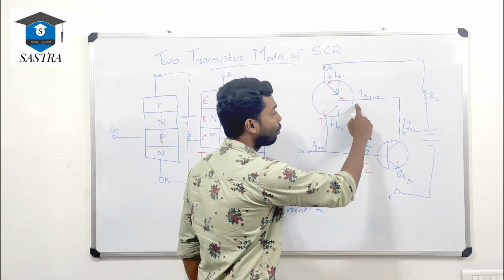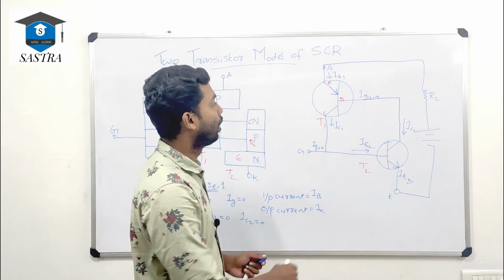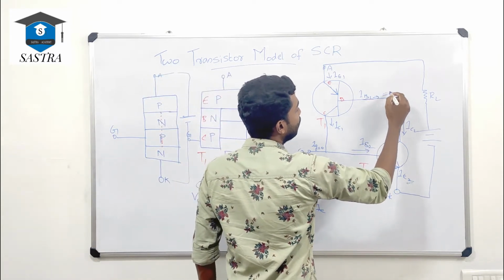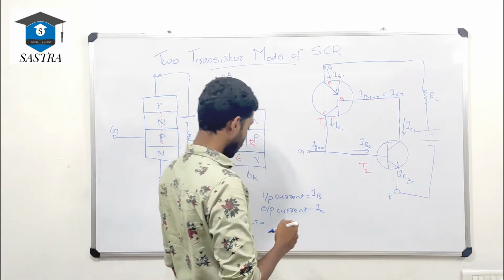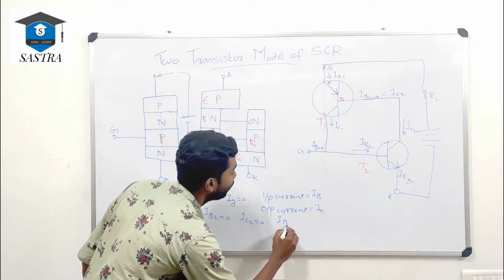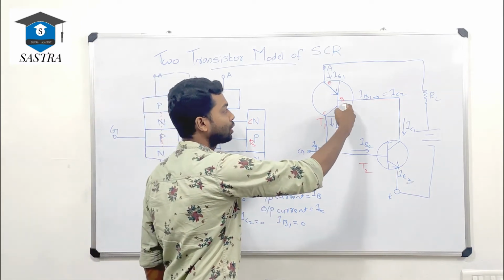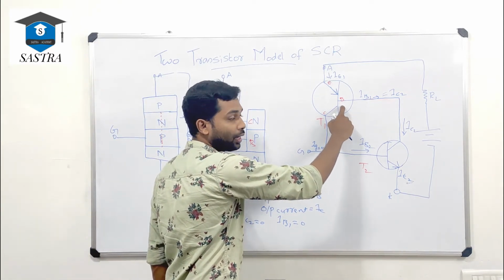But the base of the first transistor is connected to the collector terminal of the second transistor. That means IB1 is equal to IC2. So IC2 is 0, and IB1 is also 0. So the base current of the first transistor is 0, that means this transistor is off.